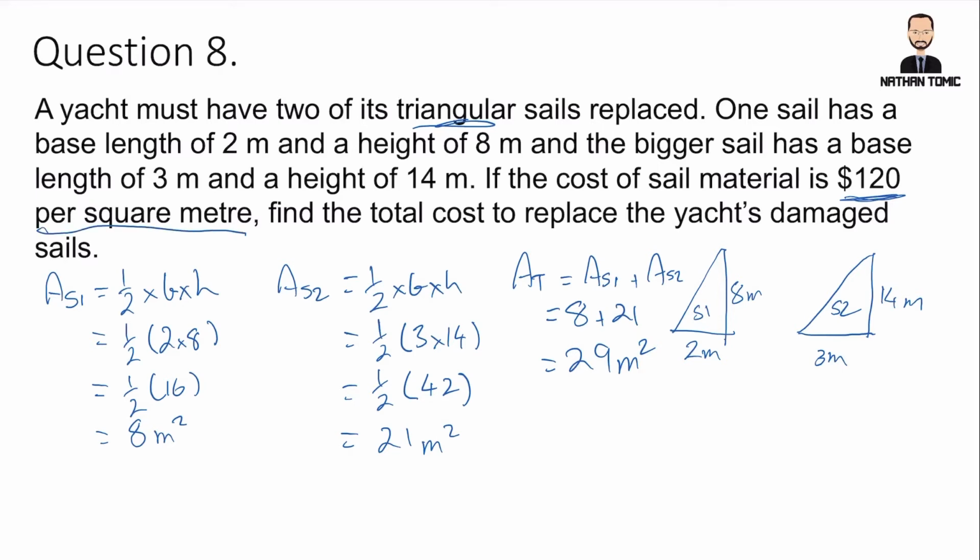So to find the total cost, we say the total cost is equal to the total area multiplied by 120, which is 29 times 120. Let's do the math over here. So 120 multiplied by 29.